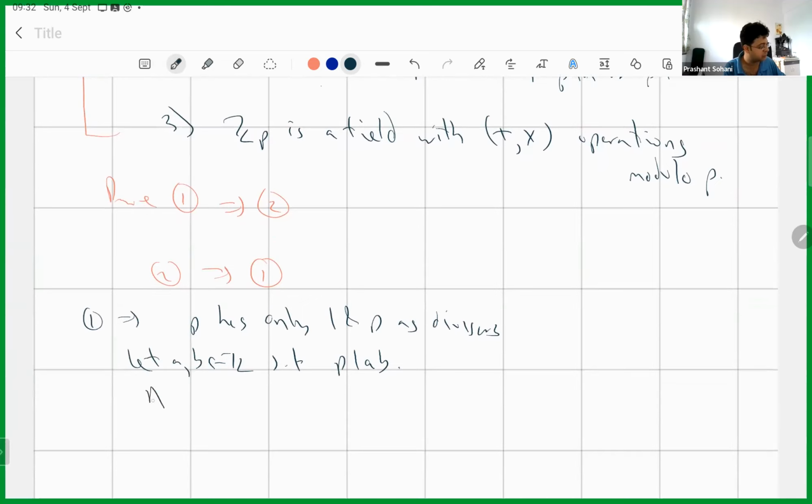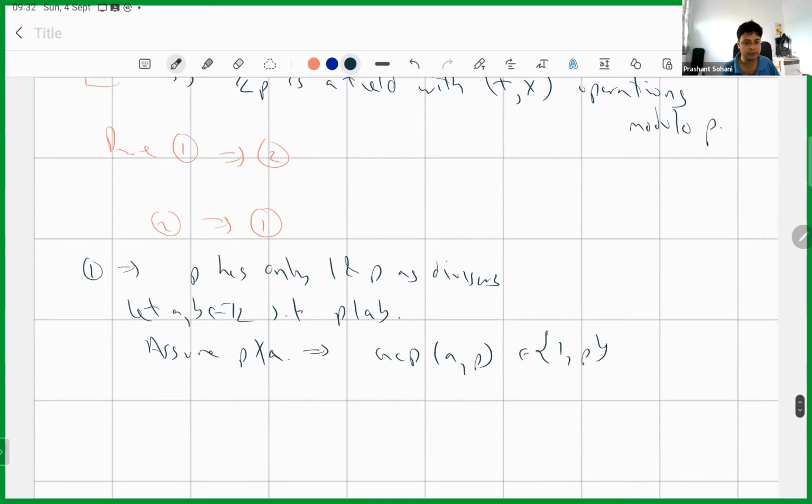So let's assume P does not divide A. Because P has only 1 and P as divisors, the GCD of P and any other number can be either 1 or P. So the GCD of A and P has to belong to the divisors of P, so it has to be either 1 or P. And if it is not P, then the GCD is 1, which means that A and P are co-prime.